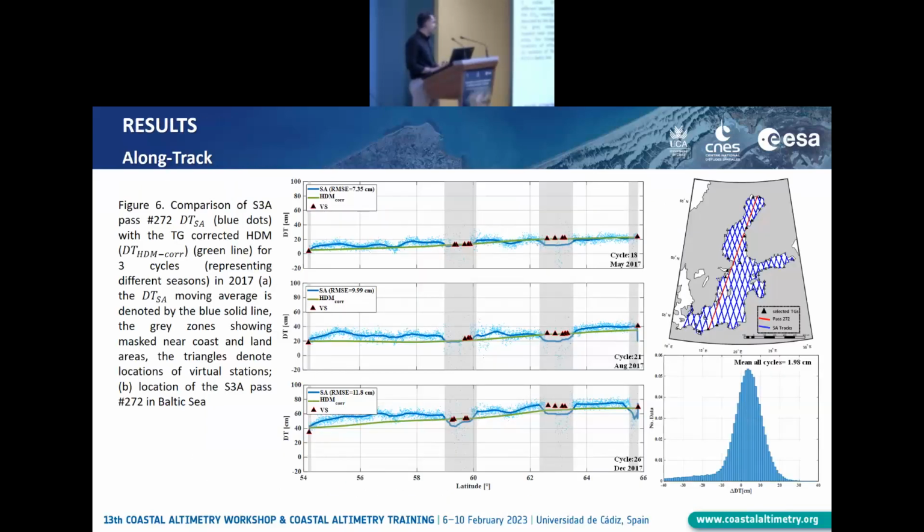So here you can see an example of one track, Sentinel-3A, the satellite data, the blue line, and the model data, the corrected model, which is mostly underestimating the sea level compared to the satellite.